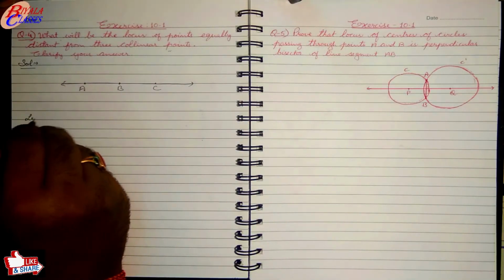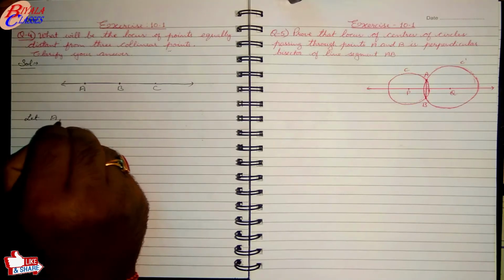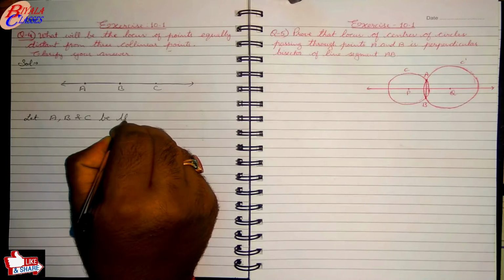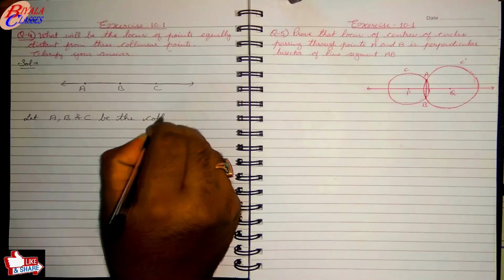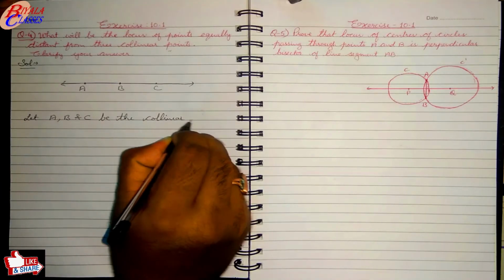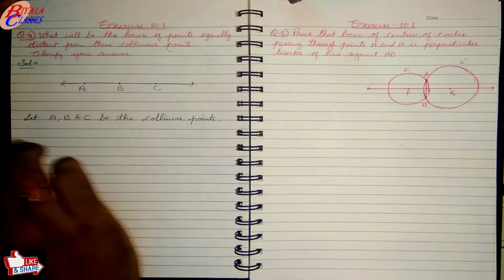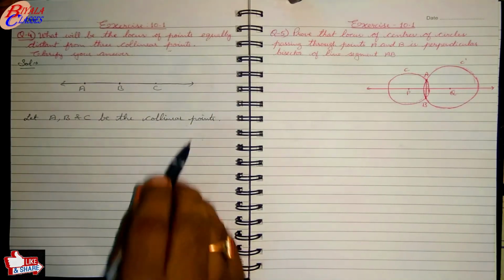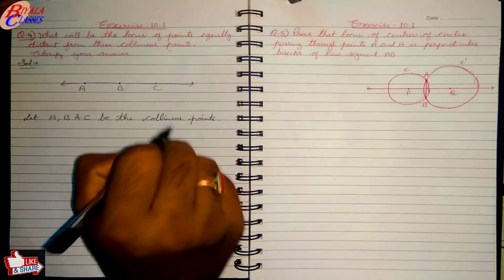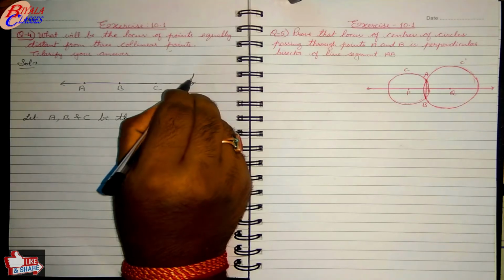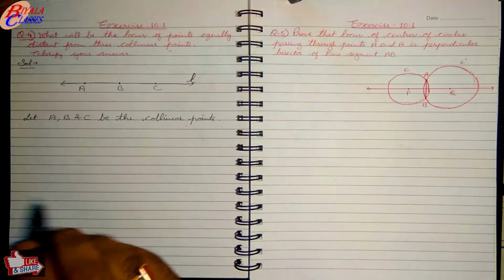Say let A, B and C be the collinear points. So these are the three collinear points which we are taking, and collinear means of course they will lie on a line. So let us name this line as L.